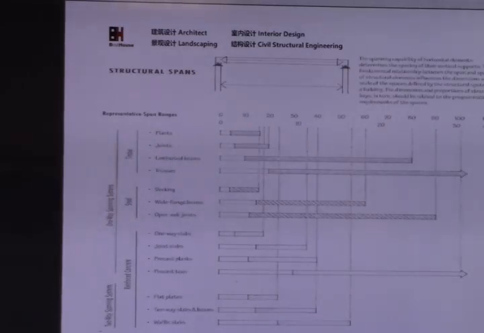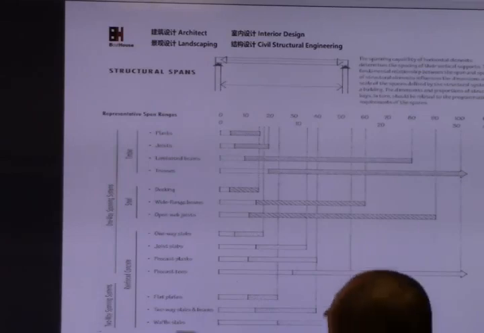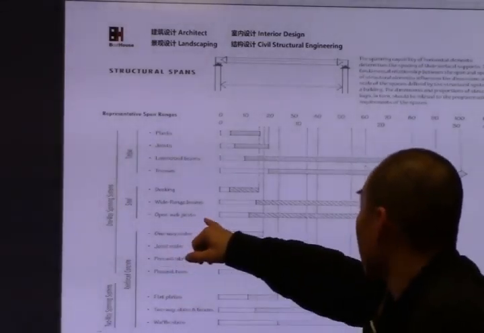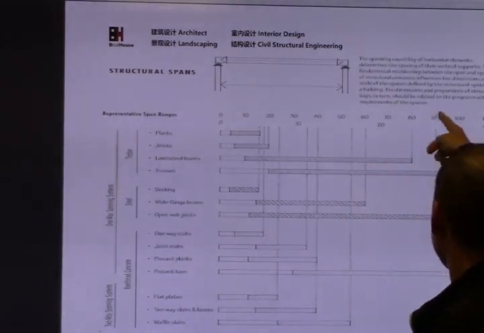This is just a table of the span, how much the flanks can span, depending on the joist and the decking and the open web joist. This is just general speaking here. We can see the very big span is for the steel, right? The open web joist has more span.